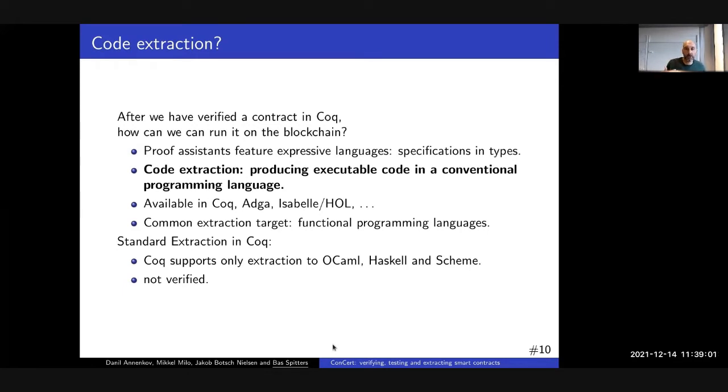So the standard Coq extraction extracts to OCaml, Haskell, and Scheme. Well, of course, those don't directly run on the blockchain, and moreover, they're not verified. So that could introduce bugs, and that's something that we're addressing.